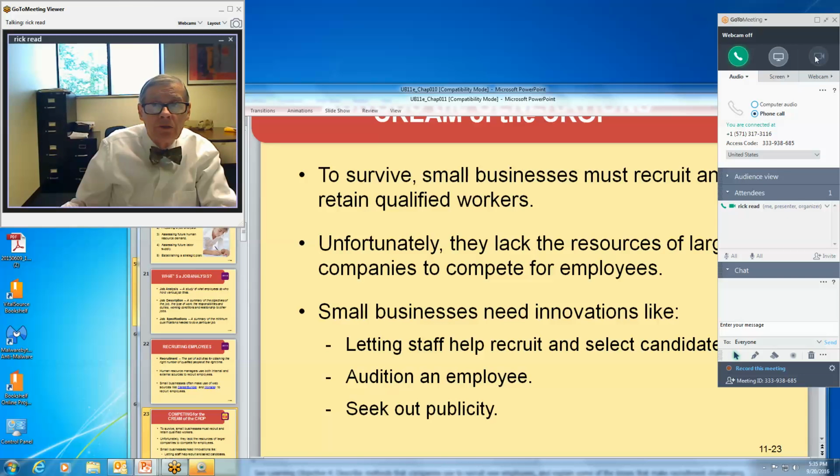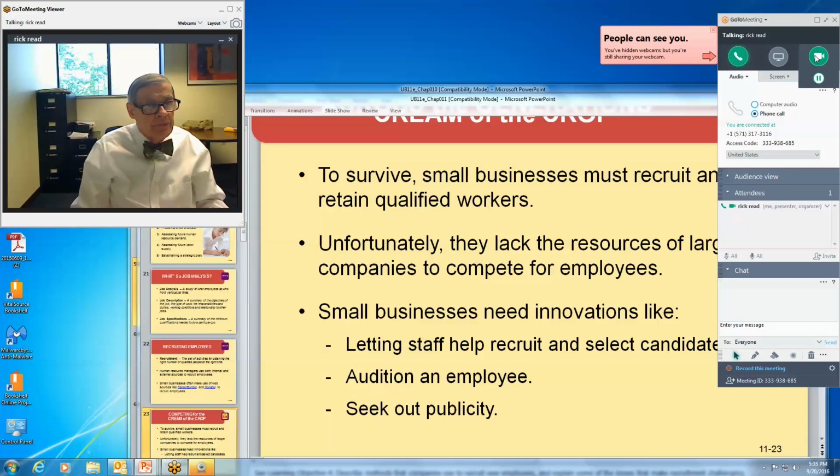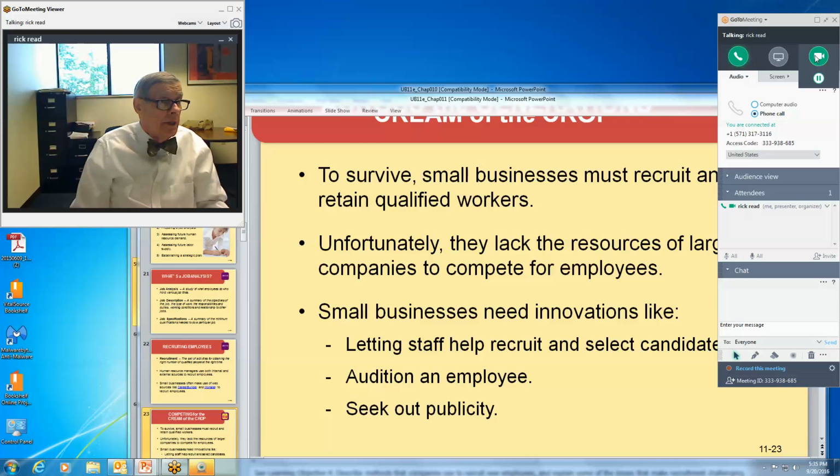Notice here about small businesses: they have to recruit and retain skilled people, but unfortunately they usually don't have the resources to be able to do that. They simply can't compete. So they need to be innovative and do things like those mentioned down here, such as getting the staff to help do the recruiting.